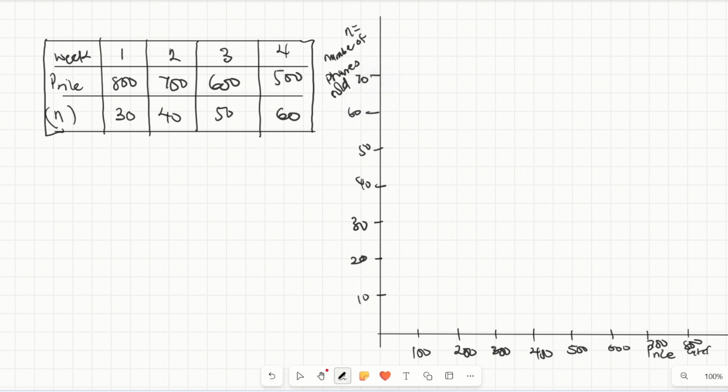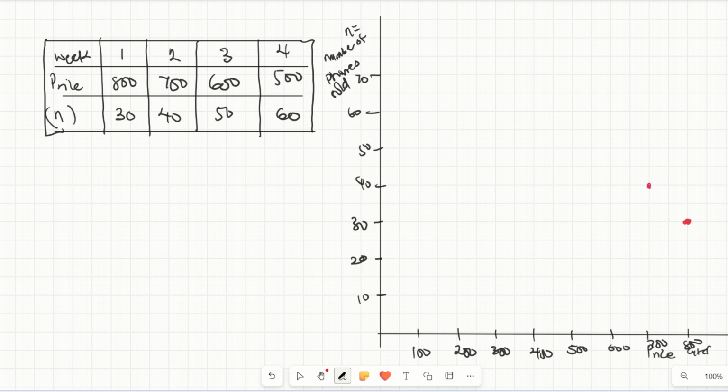Now we are going to plot the pairs of points. (800, 30): so we have 800 here and 30 here. The next one is (700, 40): 700 here and 40 here.